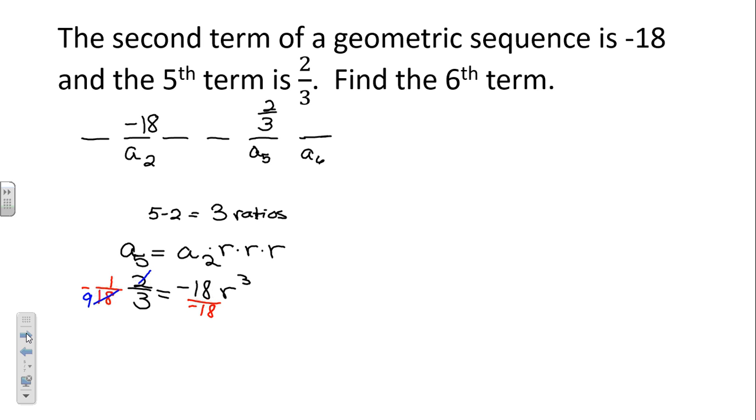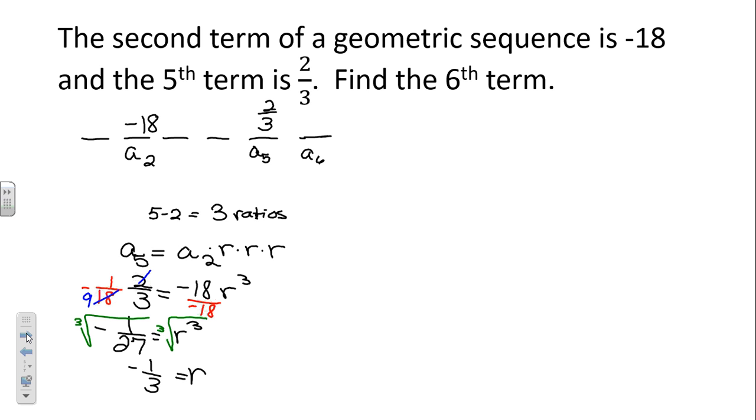So negative 1/27th is r cubed. What will r be? We have to take the cube root, right? So the cube root of negative 1/27th is what? Negative 1/3. So our common ratio is negative 1/3.